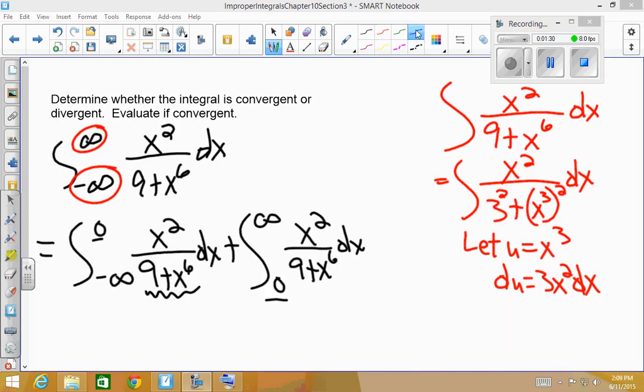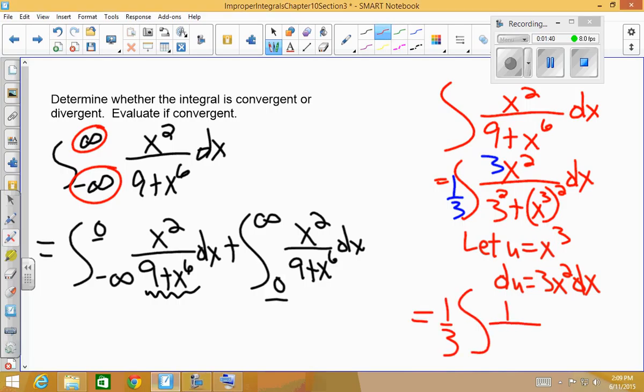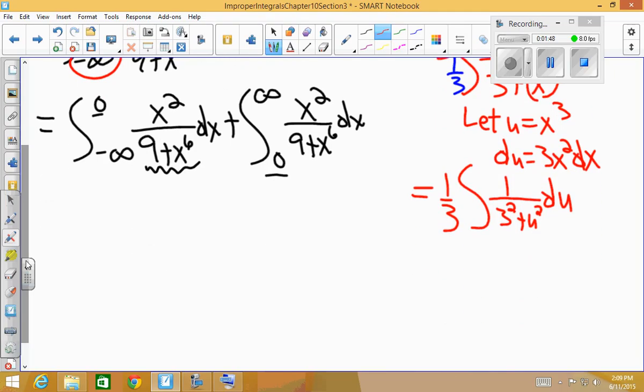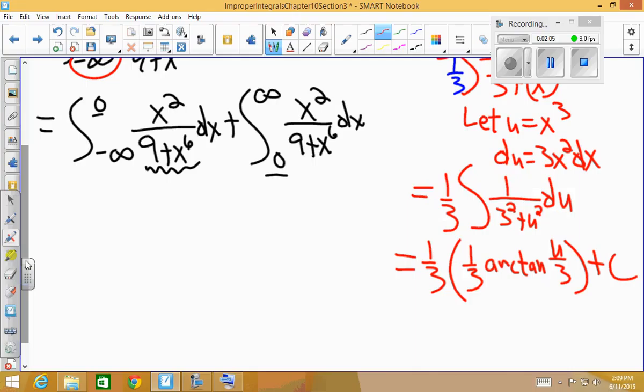So we need to put a 3 on the inside and a 1/3 on the outside, and our integral becomes 1/3 the integral of 1 over 3 squared plus u squared du. The integral of 1 over 3 squared plus u squared is 1/3 arctangent of u over 3, plus c.